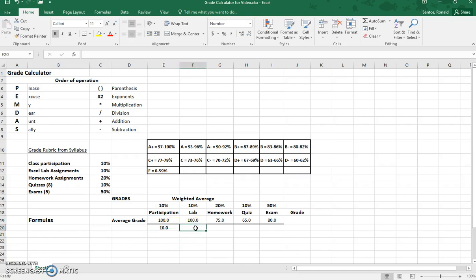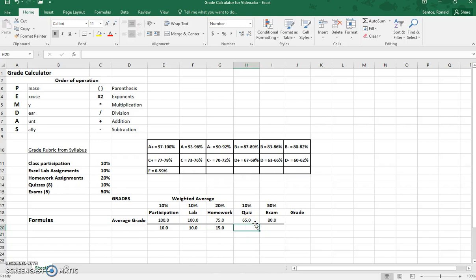You do this down the line, so it's equals, always put equals in first, your lab, times the 10% weighted, and that gives you your 10 raw points. For your homework, it equals your grade of 75 times the 20%, and it's 15 raw points.